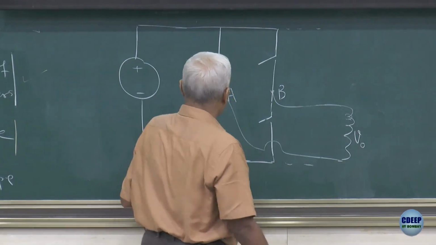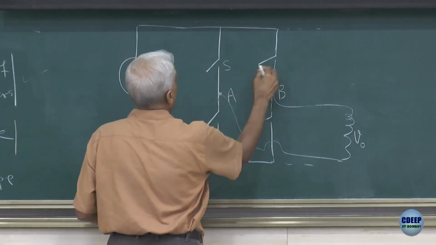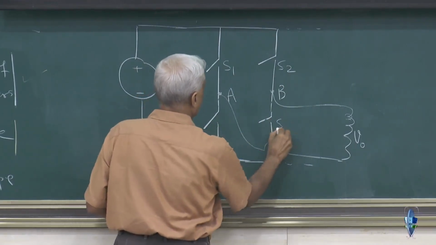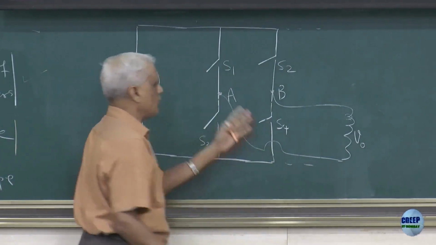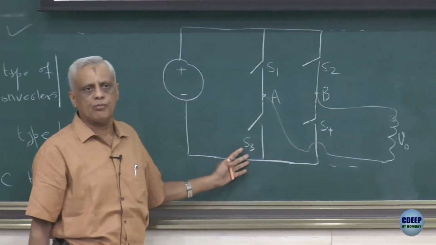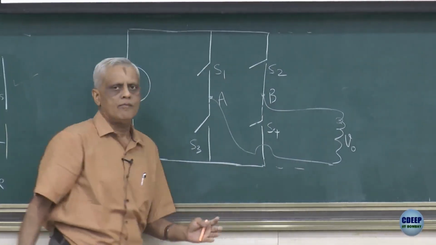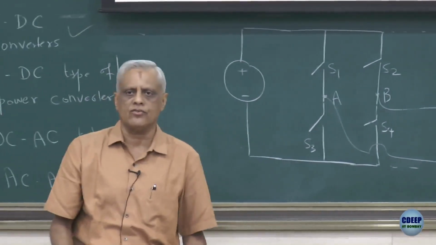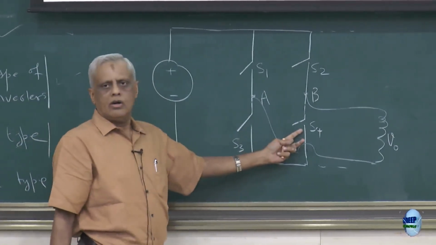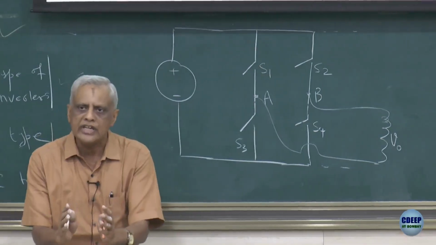Okay, so if I call these switch 1, switch 2, switch 3 and switch 4, and I say that S1 and S4 I operate together and S2 and S3 I operate together, which means there is some control I am exercising over these devices in such a way that I apply the control instruction to these two at the same time, these two at the same time, and let's say also for equal time.